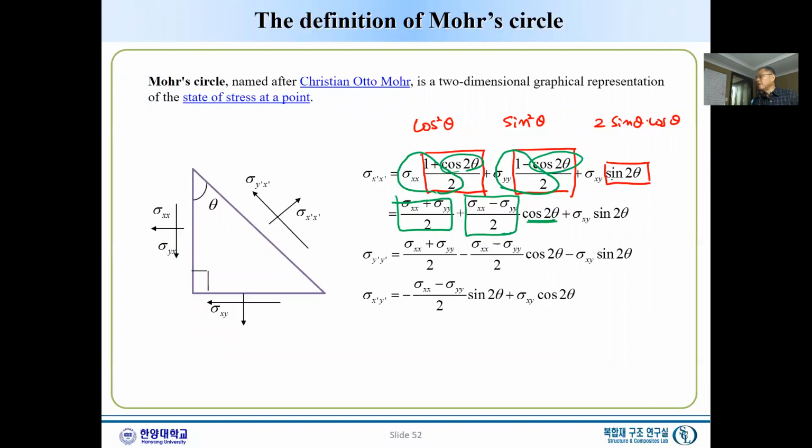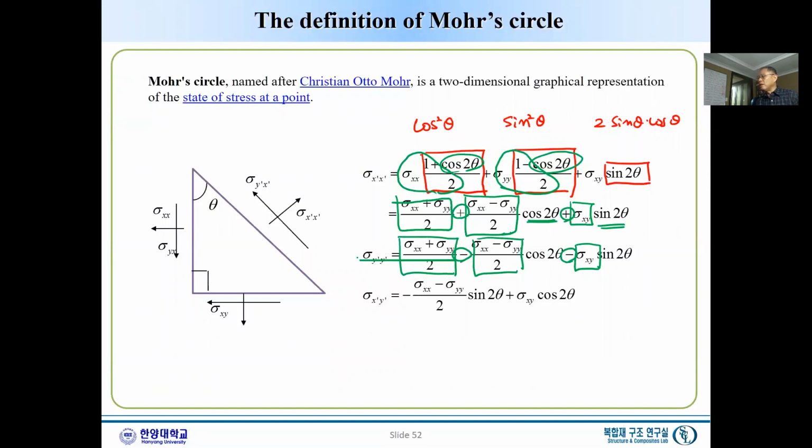And cosine theta, and then sine theta. Similarly, we also convert sigma y prime like this. There is a sigma yy and sigma yy. Notice that there is a plus, and there is a minus and minus.